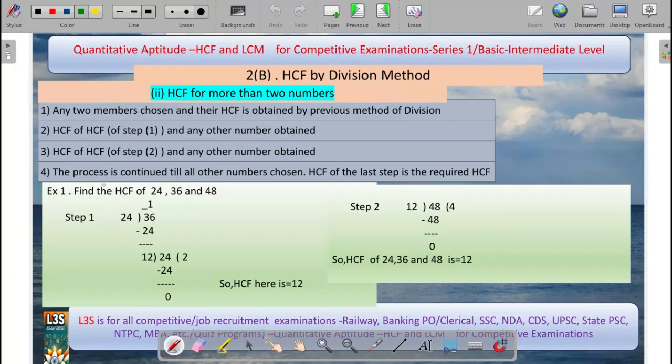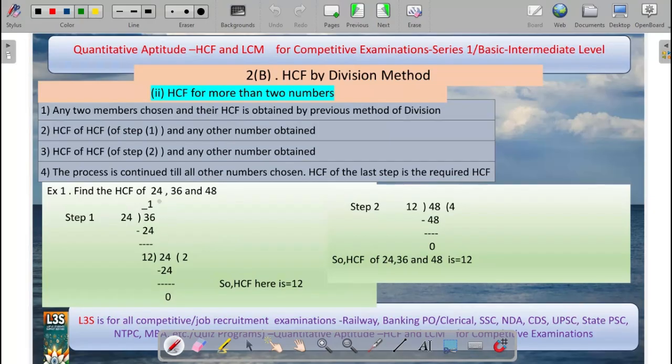If there are more than 3 numbers, we continue till the last step.